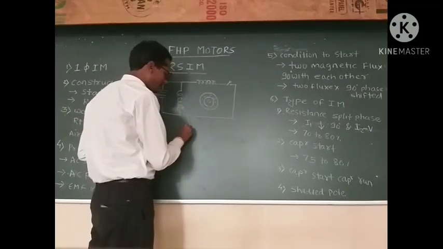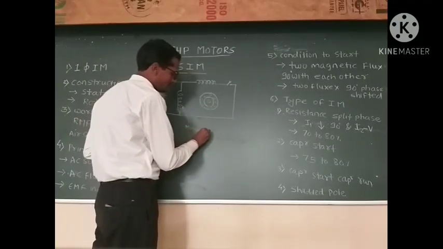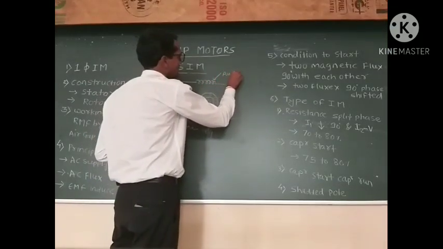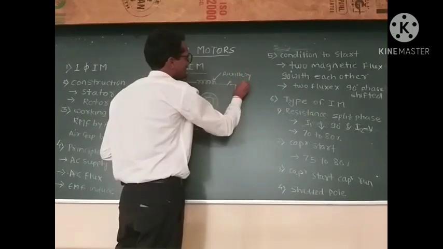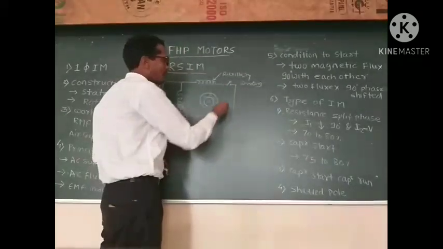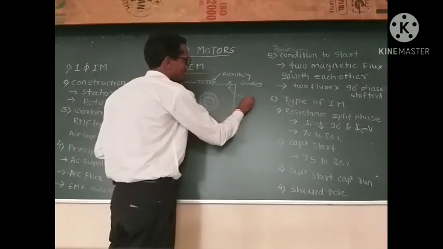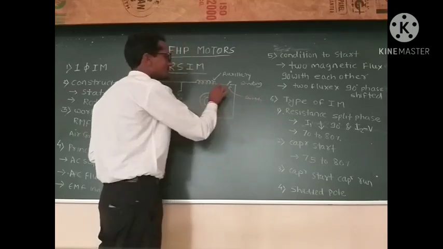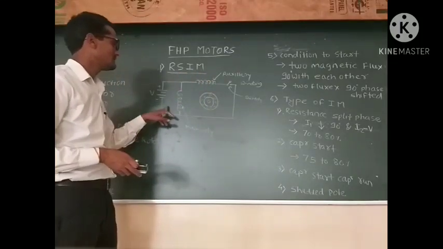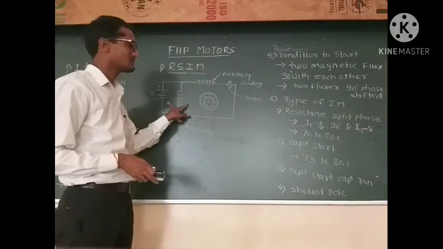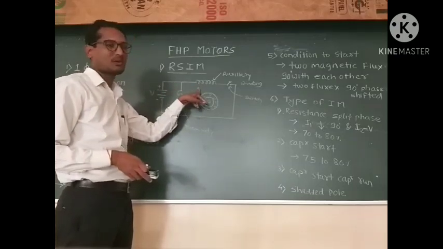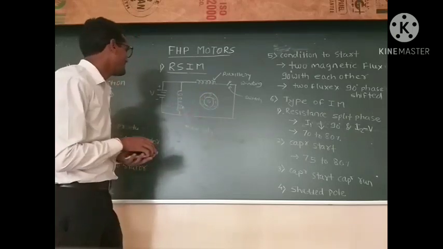First section we call main winding, and second section we call auxiliary winding, or starting winding, and this is the switch, the centrifugal switch, the switch which operates on centrifugal pressure. This is the construction of resistance split phase induction motor. Here we retain the main winding by using a resistance. Because of that, it is called split phase induction motor.